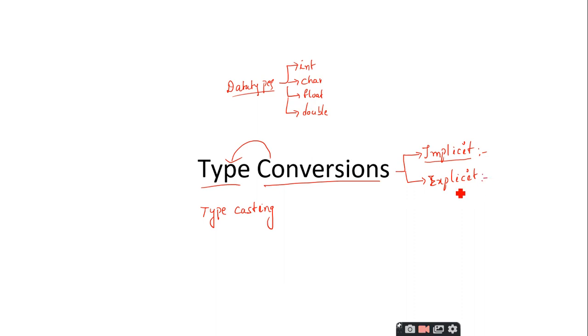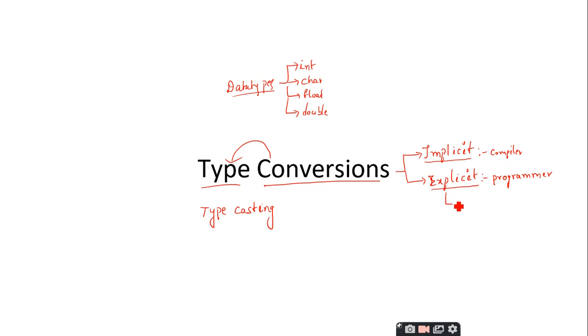But coming to explicit typecasting, it is not the compiler who converts one data type into another. Here the programmer has to explicitly force the compiler to convert one data type into another data type.